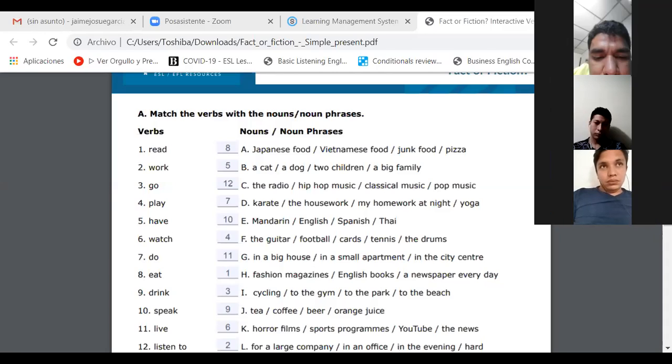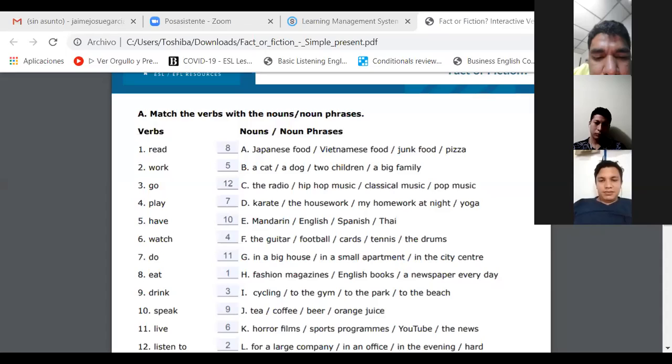Okay, Ricardo Alfaro. I have three sentences about myself. Okay, it's my information, but 1 sentence is false. Which one do you think is false? Number 1, 2, or 3? ¿Cuál es la falsa?